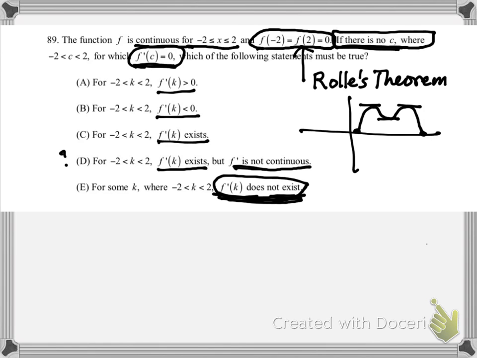Okay, when it's not differentiable, because like D, if we go back to D, the f prime still exists. So basically, D is still okay there. But E is the only condition where we won't be able to find that c, because f prime of k, the derivative, does not exist, meaning it's not differentiable.